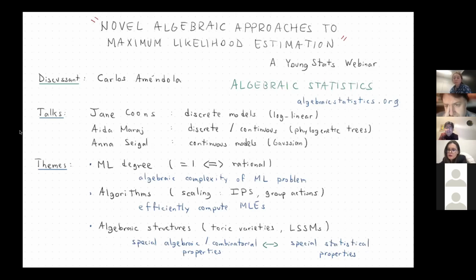So it's like studying this dual likelihood and the so-called dual maximum likelihood estimate, which will not be as efficient, but it's usually easier to find. So in these Brownian motion tree models, I think in the binary case, when you have this tree, the dual ML degree is 1, even though the ML degree may be high.